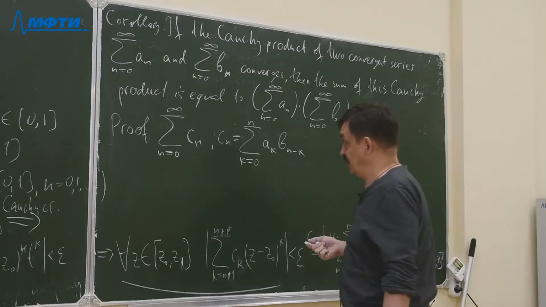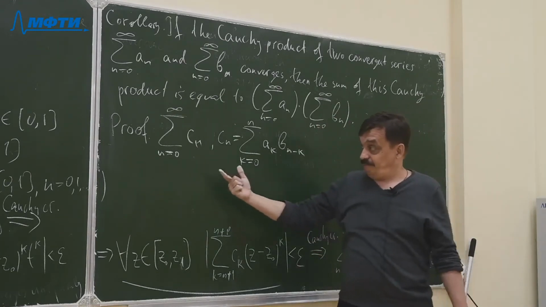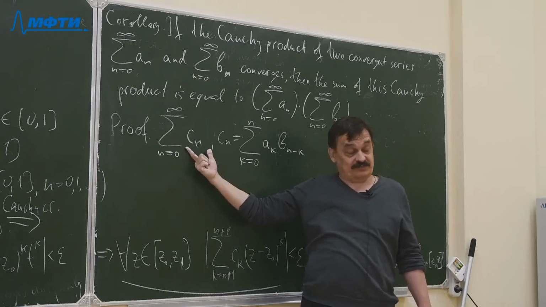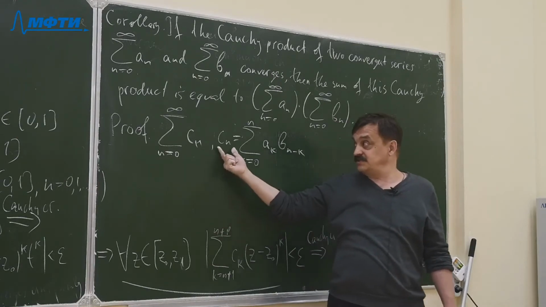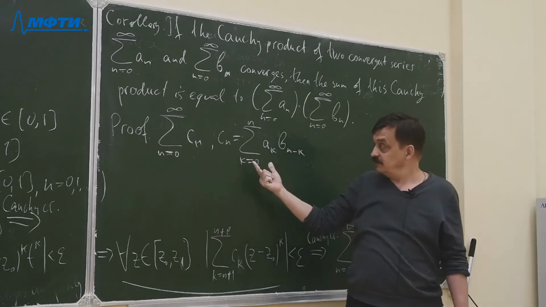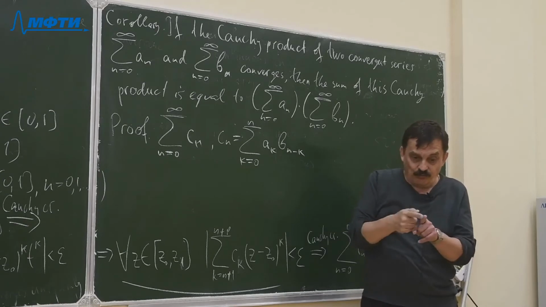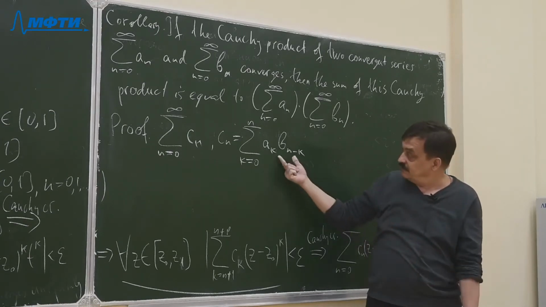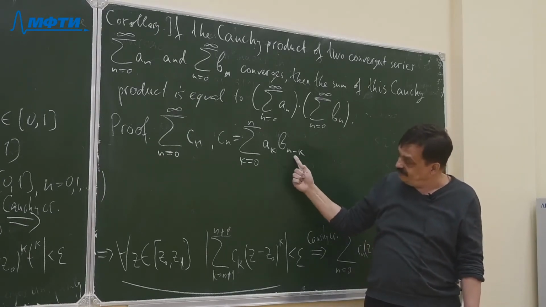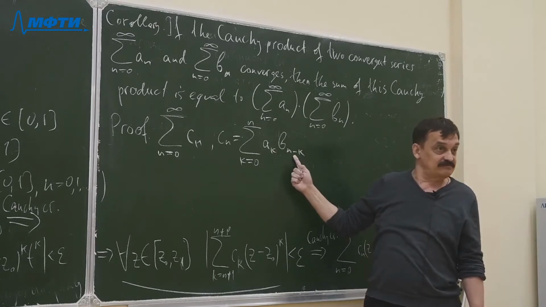You will see why. But essentially, what is the definition of the Cauchy product? It consists of terms which are equal to pairwise products with the same sum of indices.